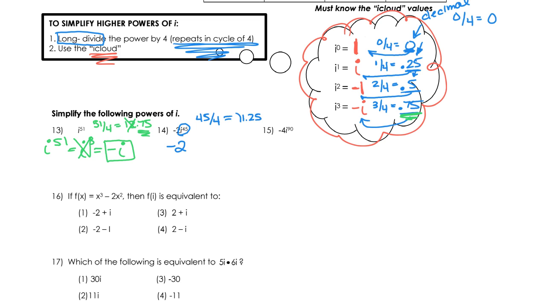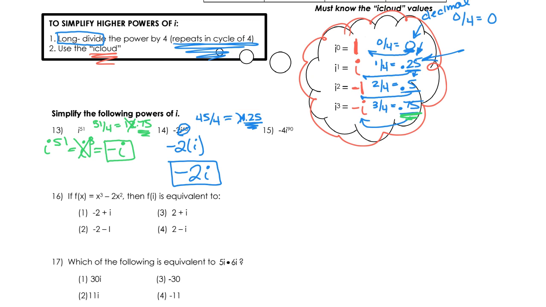Again, we don't care about the 11 times that 4 goes into 45. We care about the remainder part, which is the 0.25. So we go to our table and look at 0.25, and we realize that it is the same as i to the first, which is i. So this gets replaced with i, and negative 2 times i is negative 2i. We can box it up, and there's our answer in simplest form.